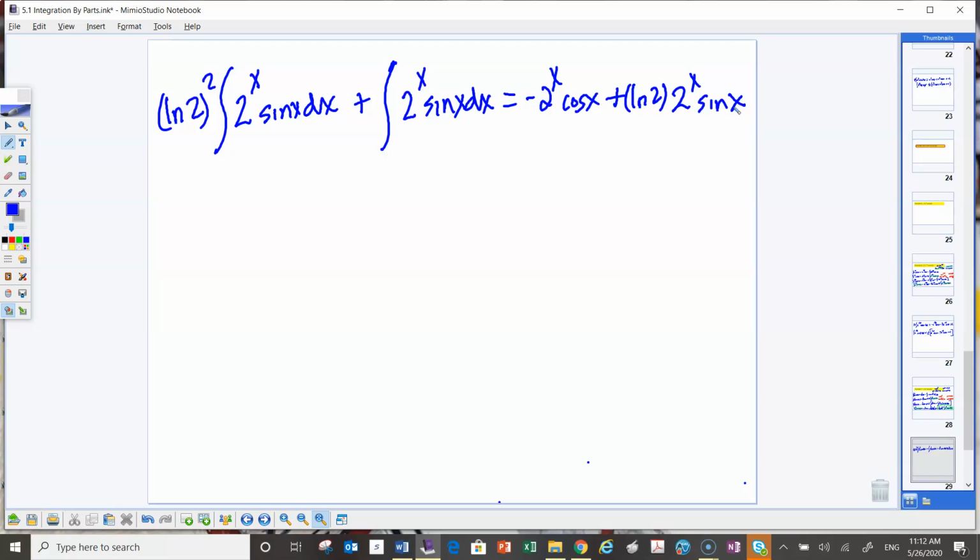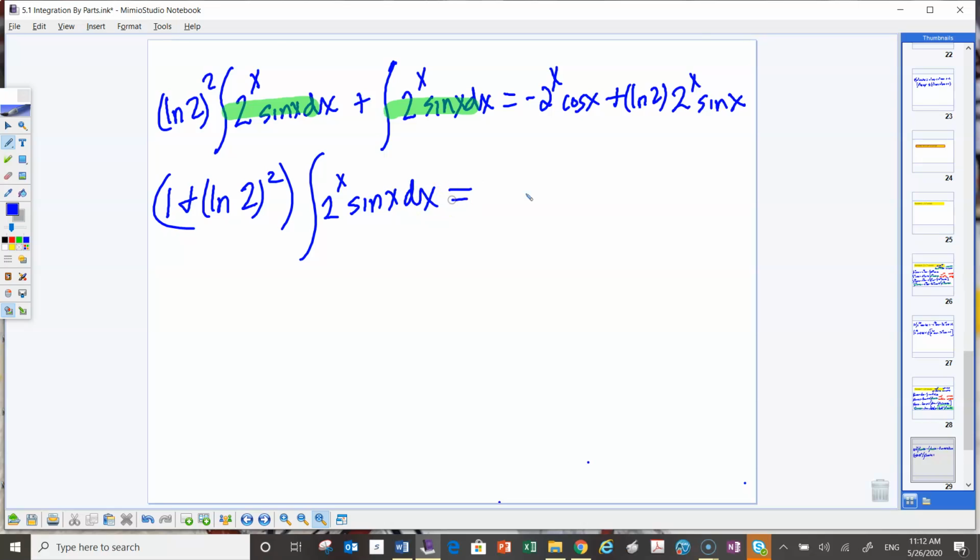So now I have a common factor here of the integral of 2 to the x sine x dx. So if I factor that out, and again, a lot of you could do this in one step prior, I'm going to get 1 plus ln2 squared times the integral of 2 to the x sine x dx equals negative 2 to the x cos x plus ln2 2 to the x sine x.